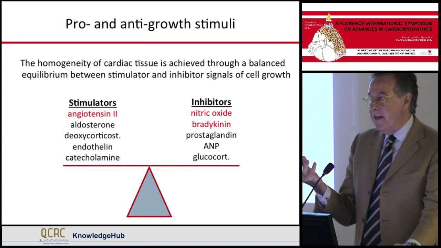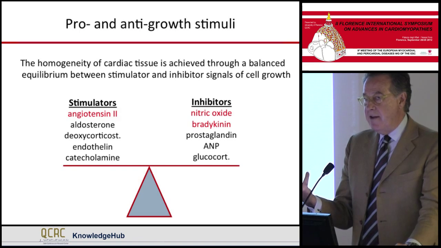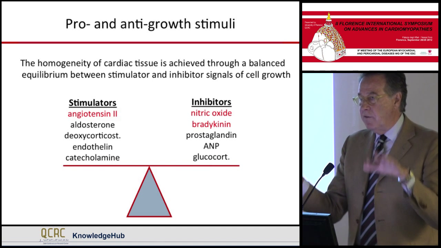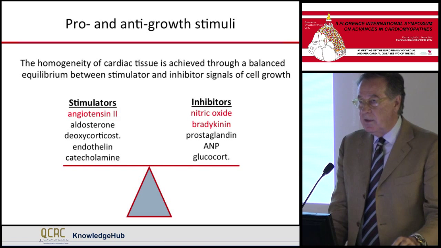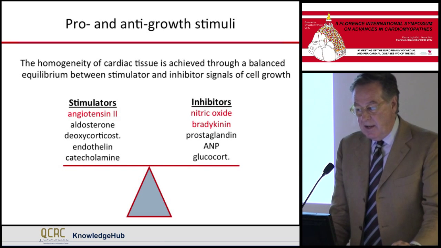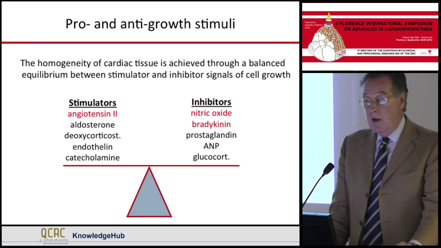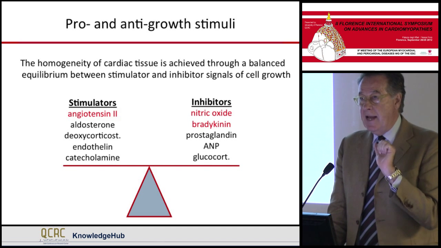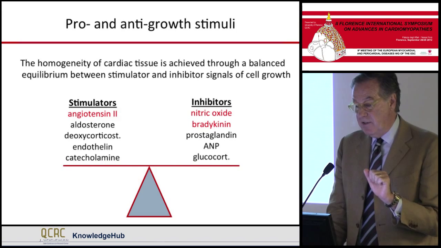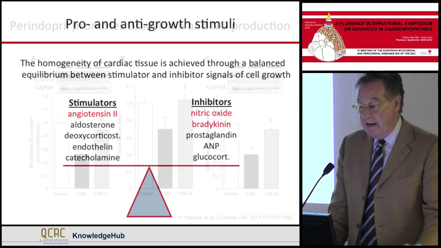Now, generally, the wellness, the equilibrium of a tissue depends on a series of different stimuli. On the one hand, stimuli that promote growth, and in the case of hypertension, the most important is angiotensin II. On the other hand, stimuli that inhibit growth and inhibit platelet aggregation, such as nitric oxide and bradykinin.